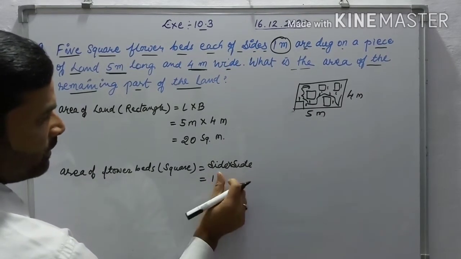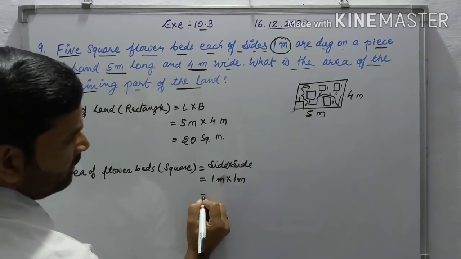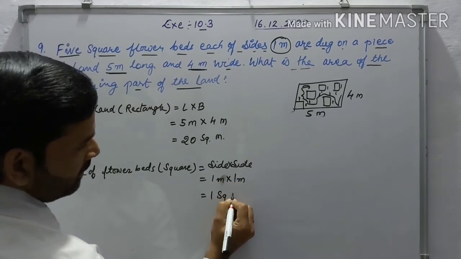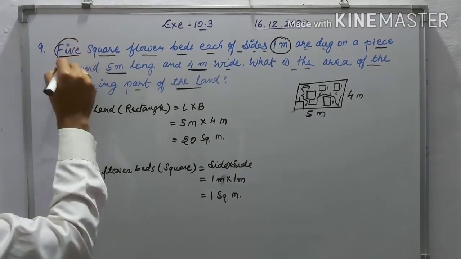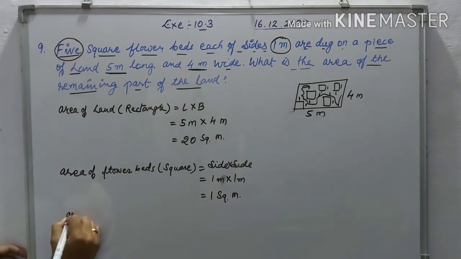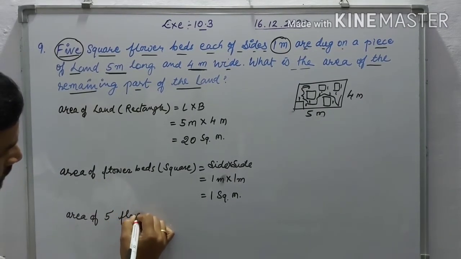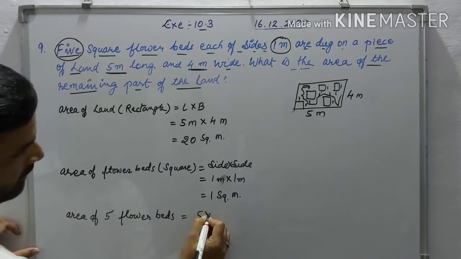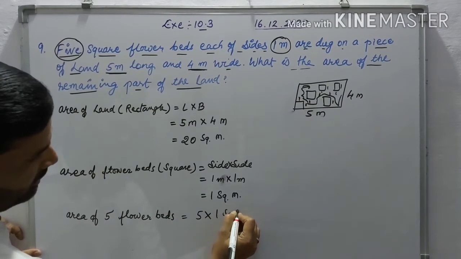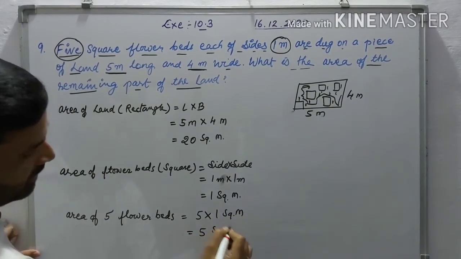Then 1 meter into 1 meter is equal to 1 square meter. And the total number of squares is 5. Then the area of the 5 flower beds is 5 into the area of 1, that is 5 square meters.